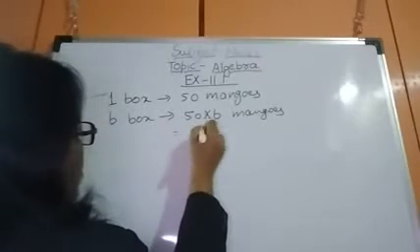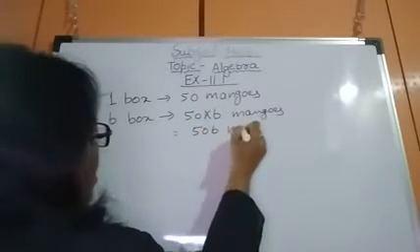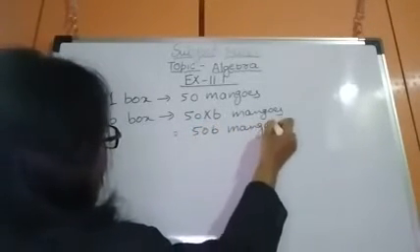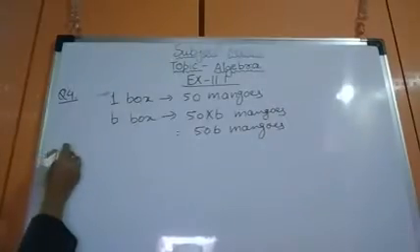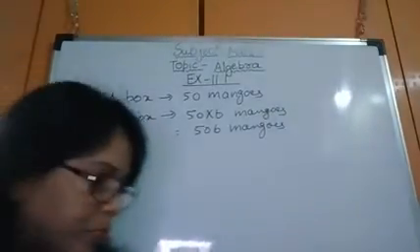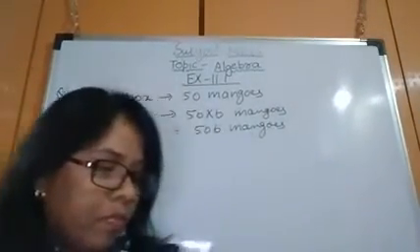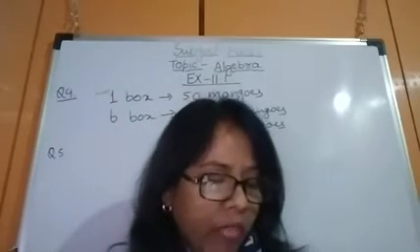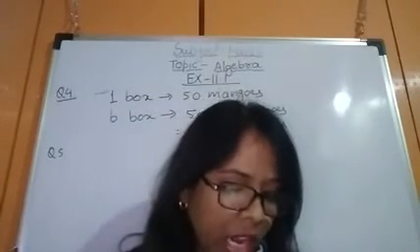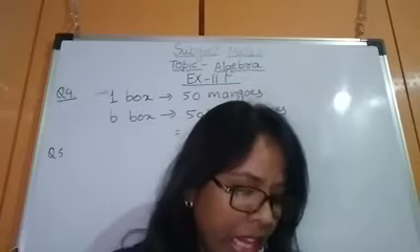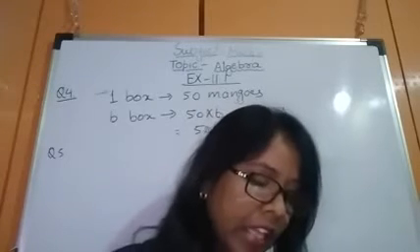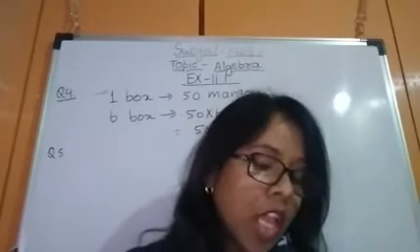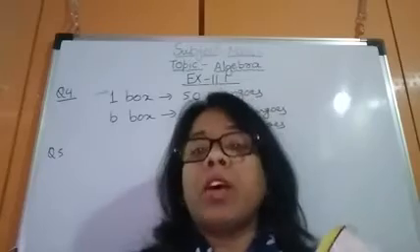That means 50B mangoes. Fine. Come to question number 5. The teacher distributes 5 pencils per student. Can you tell how many pencils are needed given the number of students? Use S for the number of students.